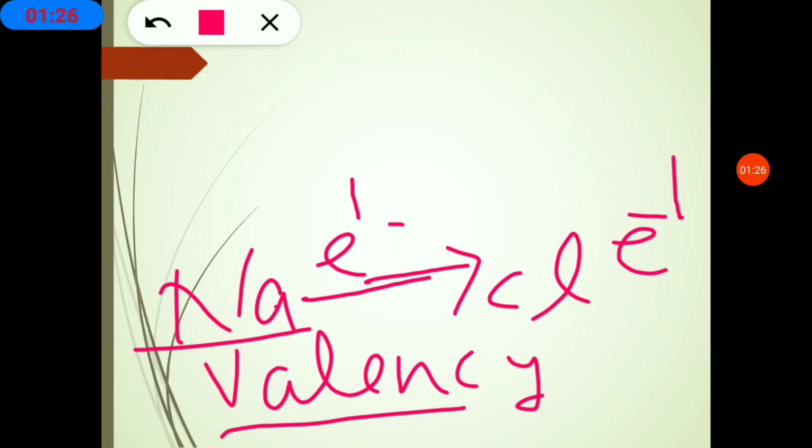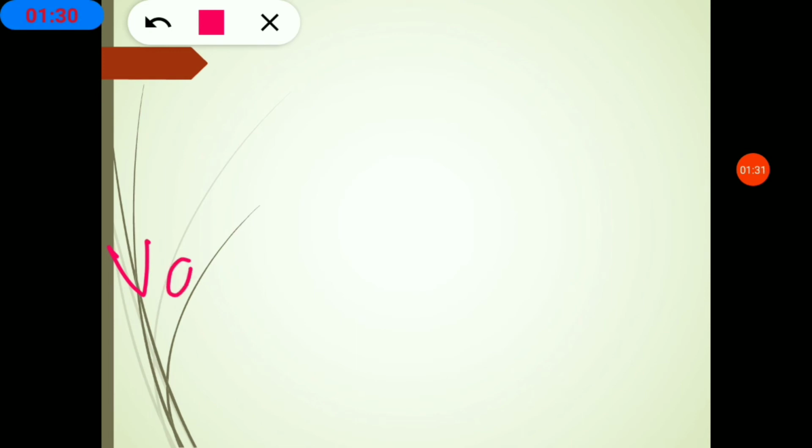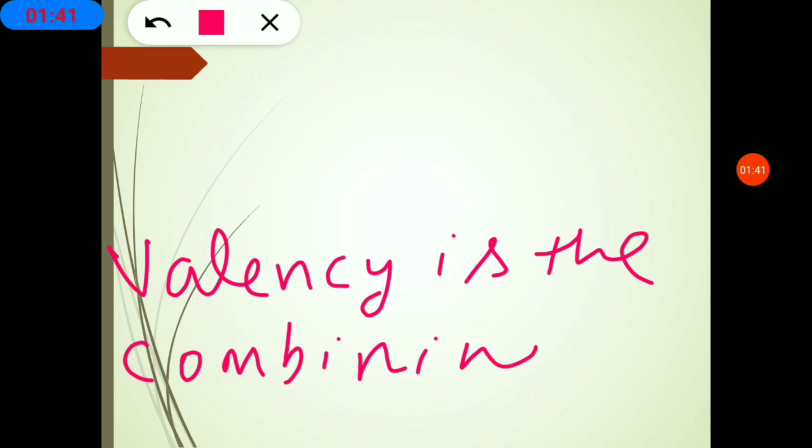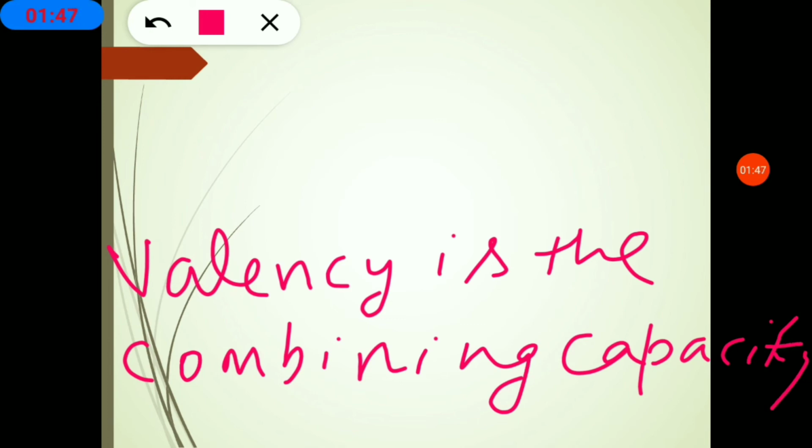So in simple terms we can say valency is the combining capacity of an atom.